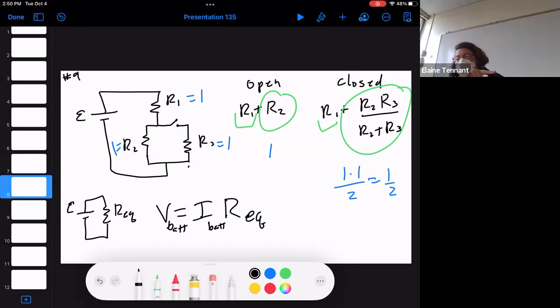What if I told you that R2 equals R3? Would you be able to tell me the current through both of them then?